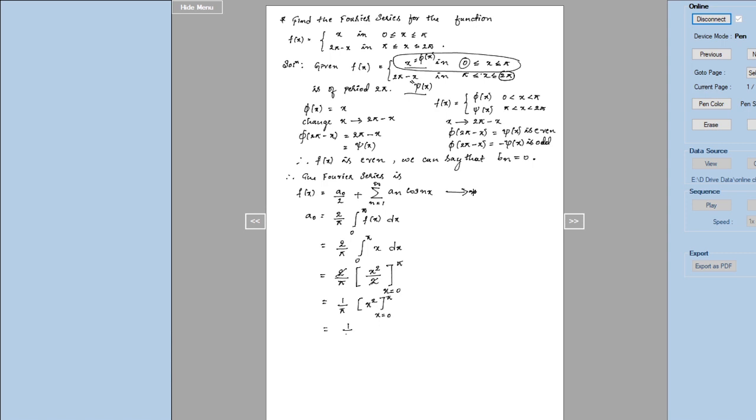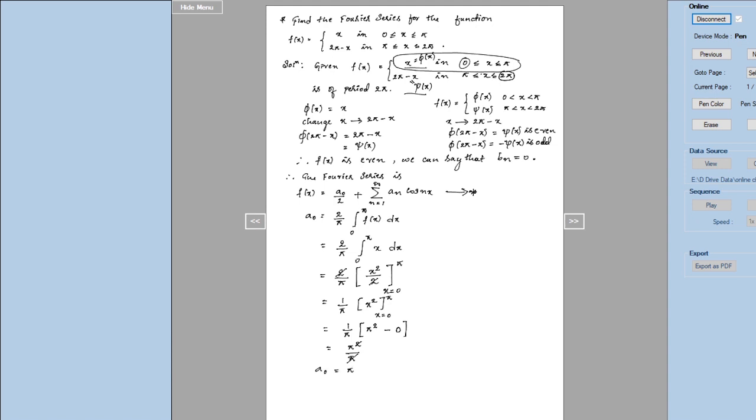Now substitute the limits: upper limit x equal to pi gives pi square, minus lower limit x equal to 0, where 0 square is 0. So you are left with pi square divided by pi, and one pi gets cancelled. Therefore a naught is equal to pi.